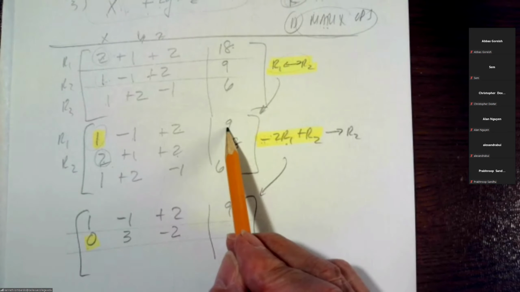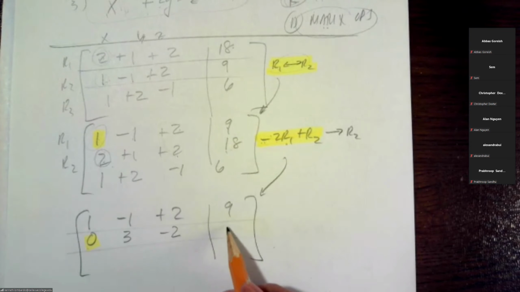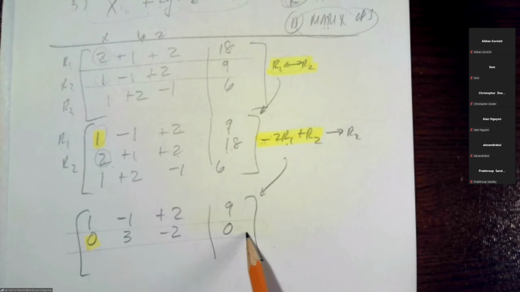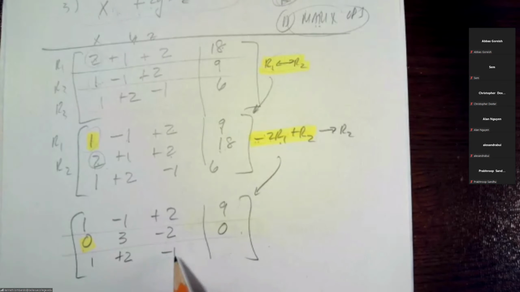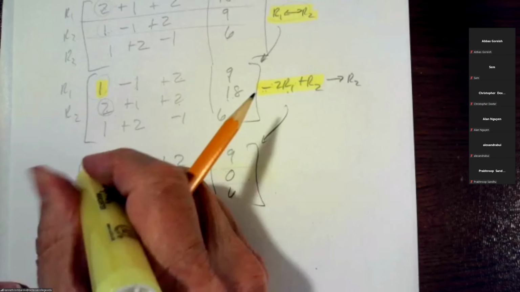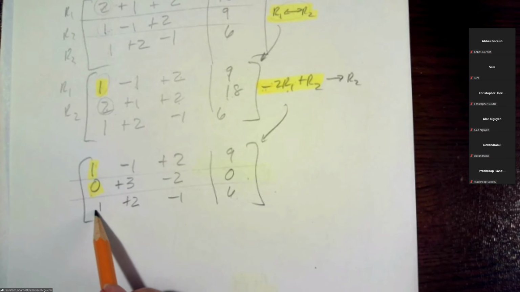And -2 here is -18. And a +18, that gives me a 0. So as a result of this row operation replacing row 2 becomes this. Row 3 didn't change, did it? 1, 2, -1, 6. Okay. So with 2 operations, then I have a 1 and a 0, and then I can continue.